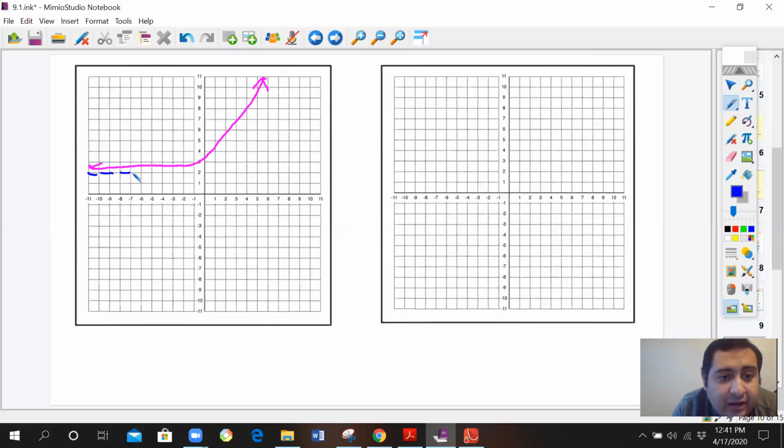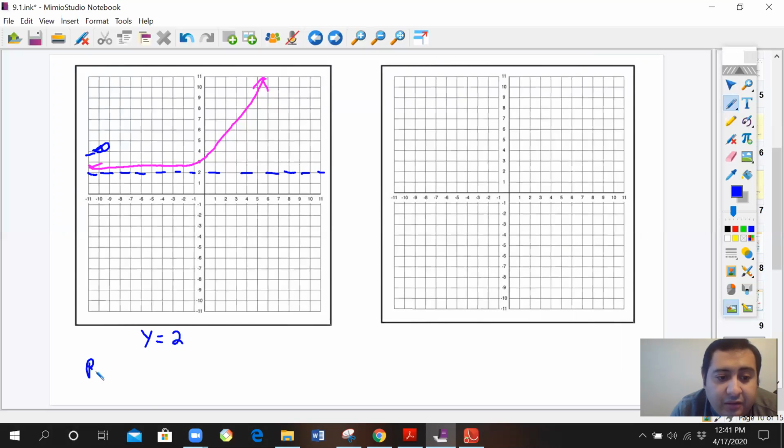So this dotted line is going to be your horizontal asymptote at y equals 2. It means that this purple line that is going to the negative infinity values is never going to cross the asymptote line at the value of 2. It's just going to go all the way to infinity, but it's never going to cross 2.